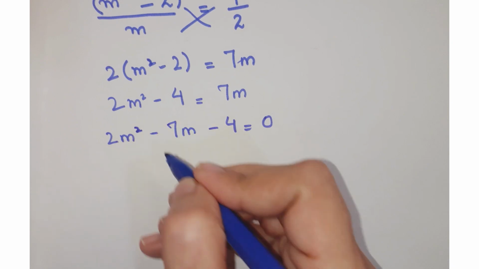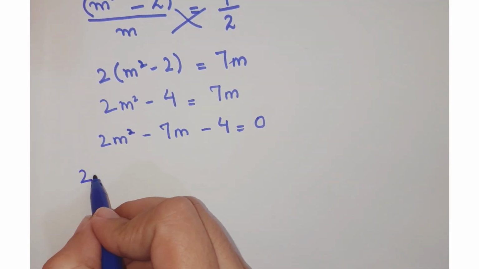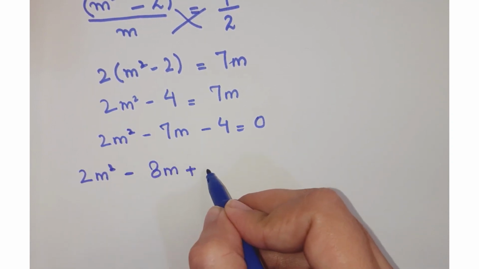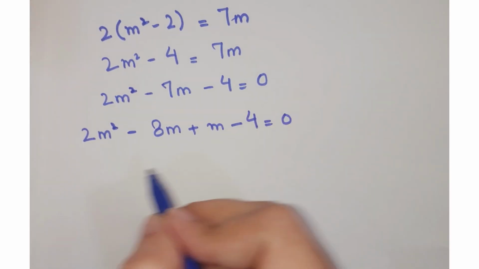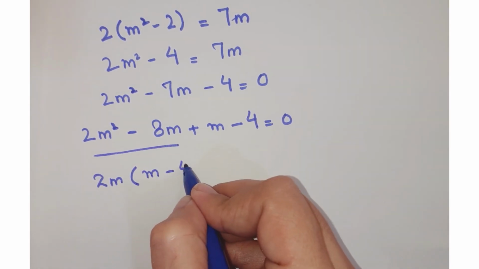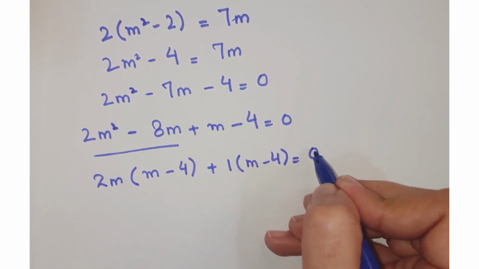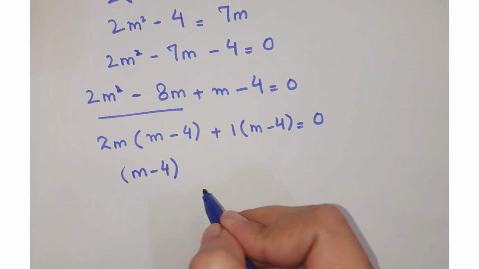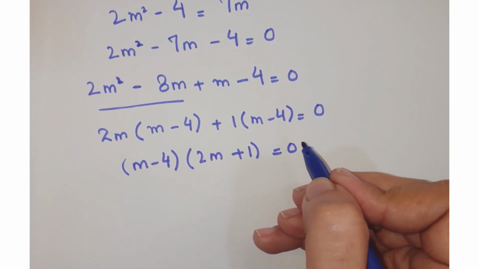Now we can find the factors of this quadratic equation by breaking the middle term. So the factors will be minus 8m and plus m. Out of these two terms, take out 2m common, so we are left with m minus 4, and out of the other two terms, m minus 4 is common, so you have (m minus 4)(2m plus 1) is equal to 0.